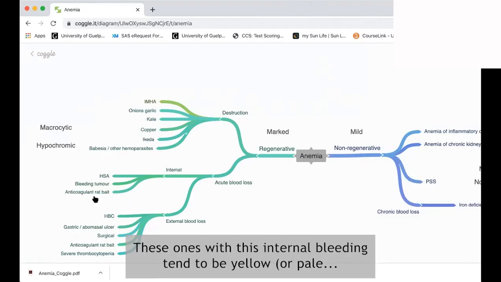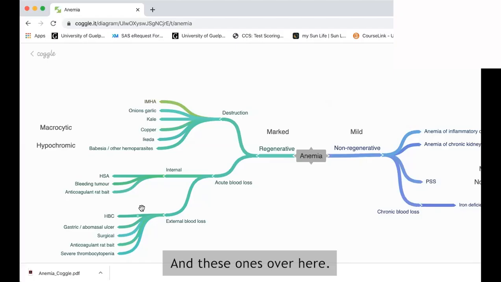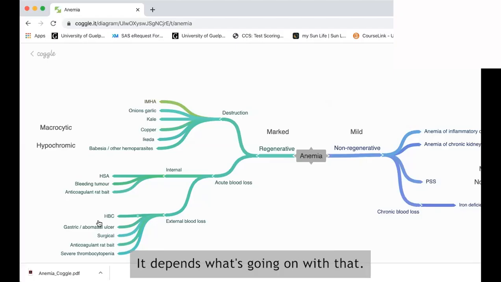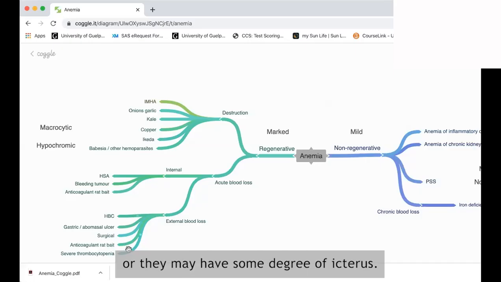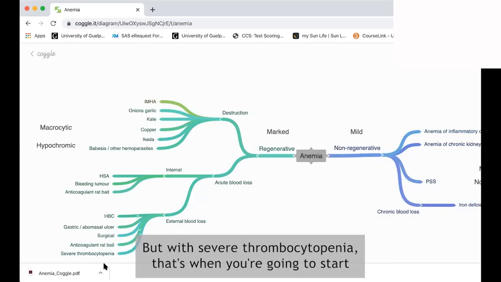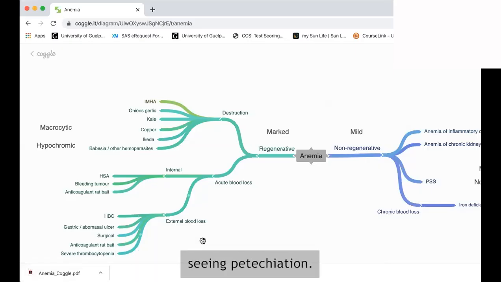These ones with this internal bleeding tend to be yellow. And these ones over here, it depends what's going on with that. They may be pale, or they may have some degree of icterus. But with severe thrombocytopenia, that's when you're going to start seeing petechiation.